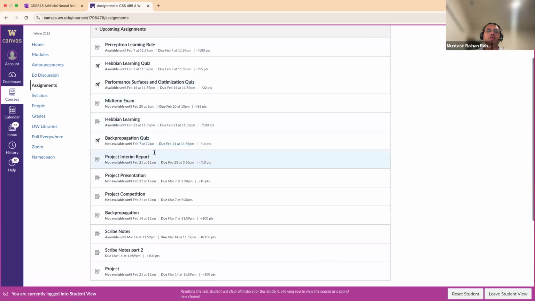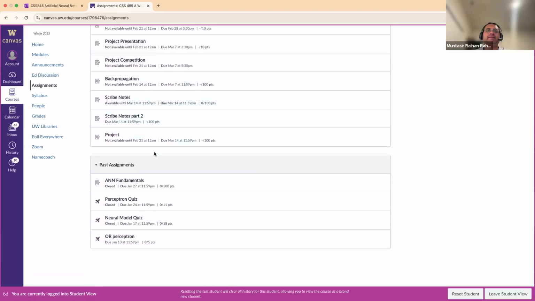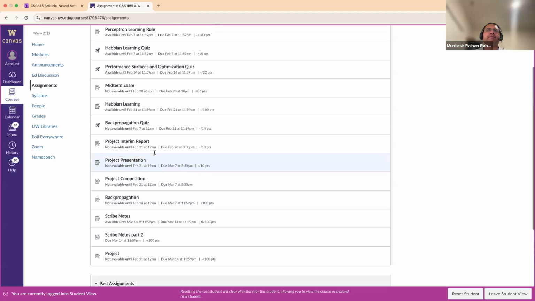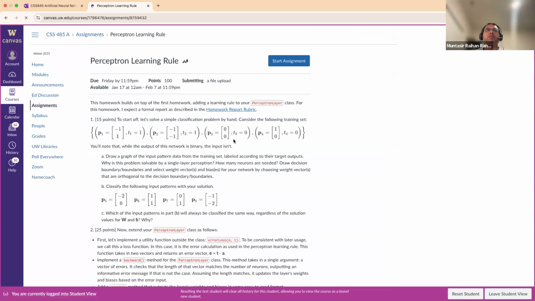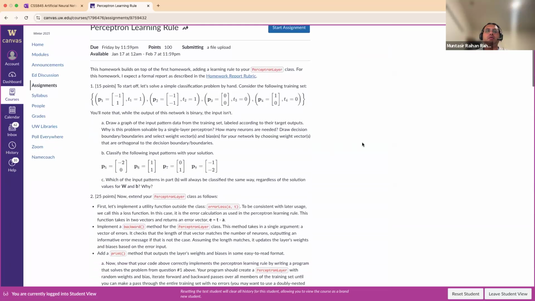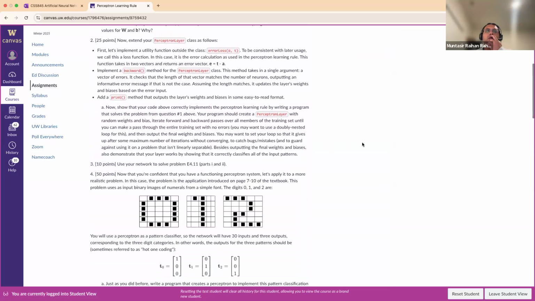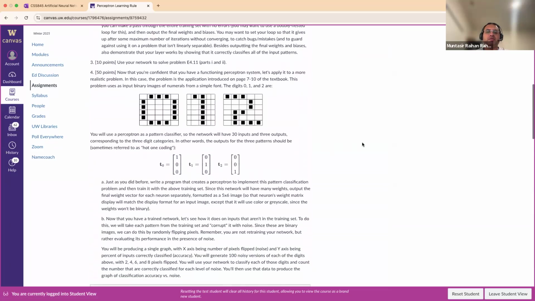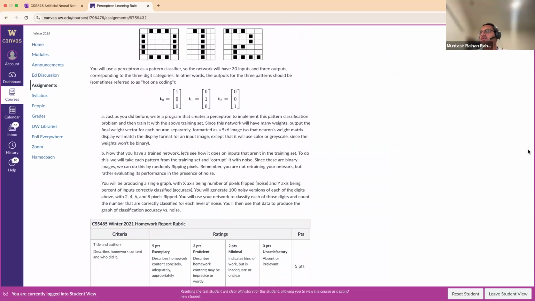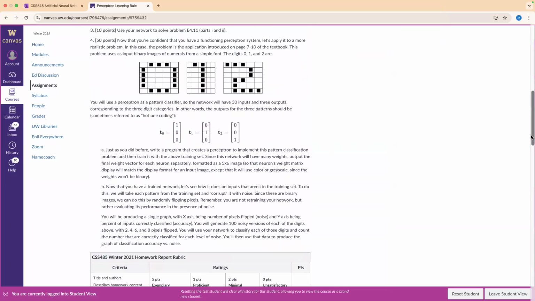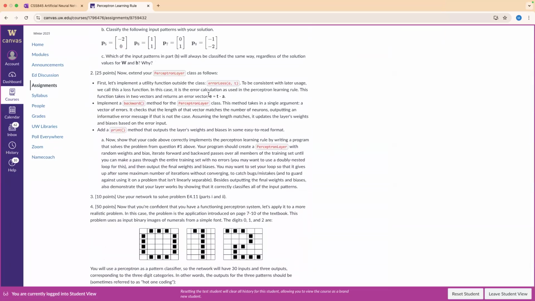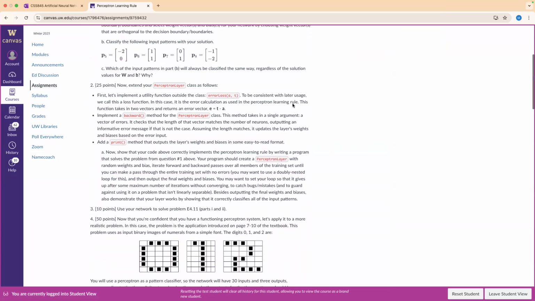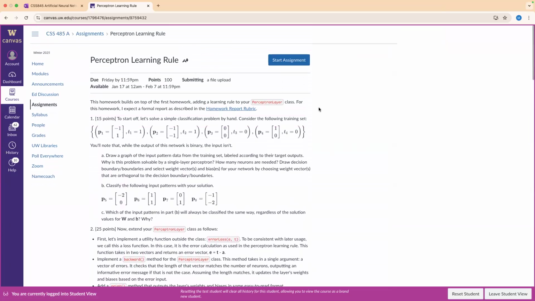Is your question about some part of this question here? Yeah, part 2. It says implement a backward method and it takes in a single argument, a vector of errors. But I thought we also needed to use the inputs for the learning rule.